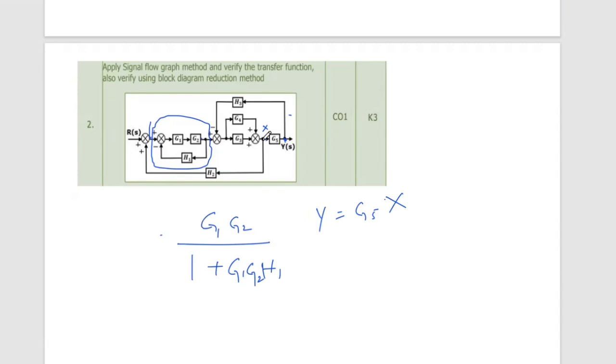So this is multiplied by G5 and multiplied by H3. If I bring this here, then whatever feedback is going here is G5 times X.